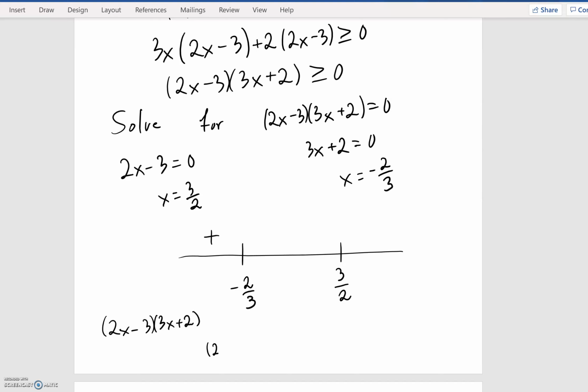So 2 times negative 1 minus 3 times 3 times negative 1 plus 2. If you simplify that result and you multiply it out, you end up with a positive number. Once again, I don't care about what the number is, I just care about the sign. So I'm plugging in x values that are before our x-intercepts, between them, and also after them, and we are keeping track of the sign.